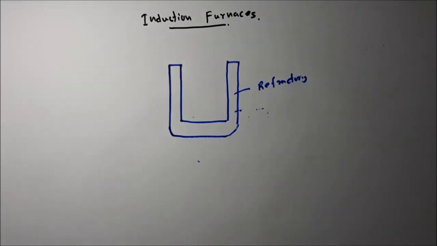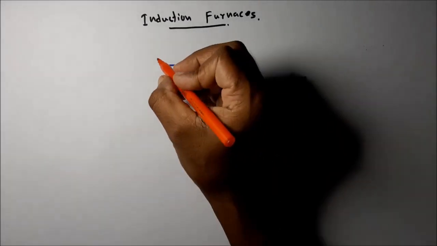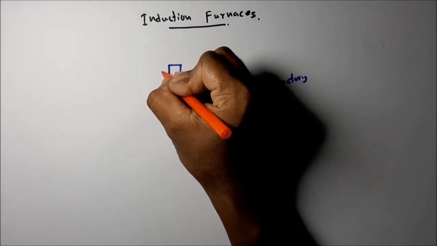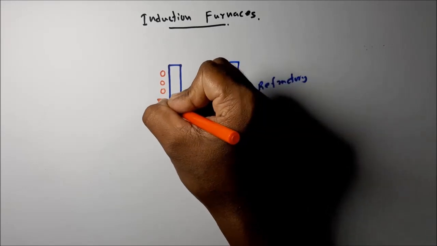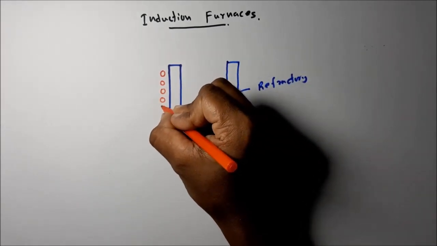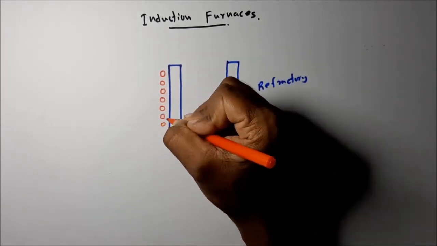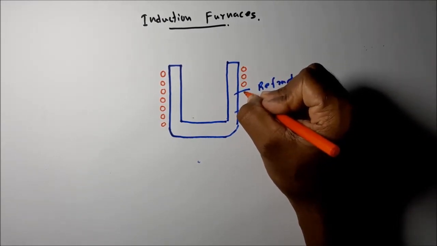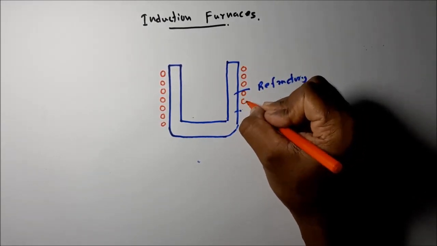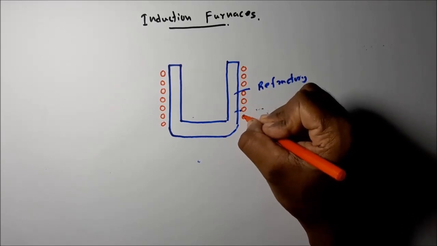Around this container, a copper coil is there. A hollow copper coil is passing around this container. Why is it hollow? Through the hollow, water is passed for cooling.